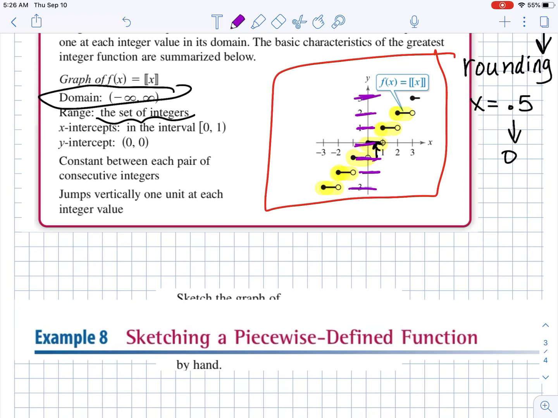So the range is not negative infinity to positive infinity. The range is literally the set of values that we see, which is just the set of integers: -3, -2, -1, 0, 1, 2, 3, and so on. Okay, so it jumps.